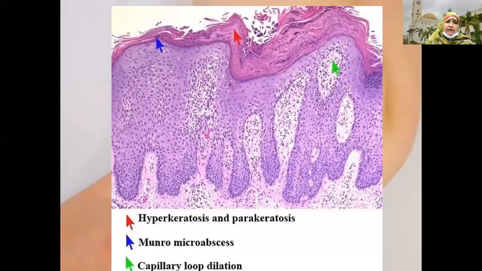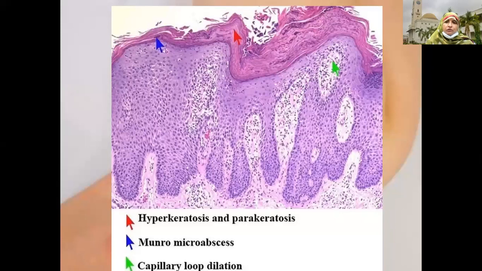Here you can see there are elongated rete ridges. These are also known as papillary dermis, and there is thinning of the epidermis above these papillae, and there are dilated blood vessels seen over here. And this is important from the clinical point of view, which we will discuss later. That is when we elicit the Auspitz sign.